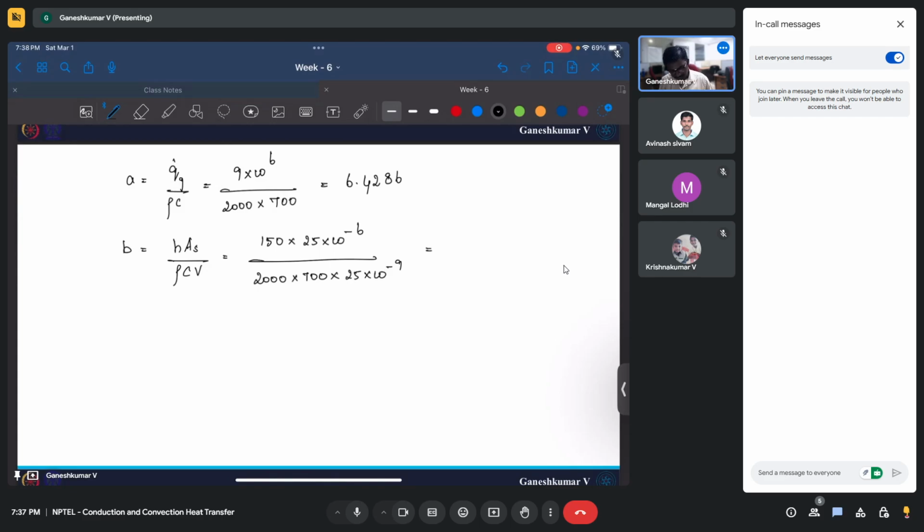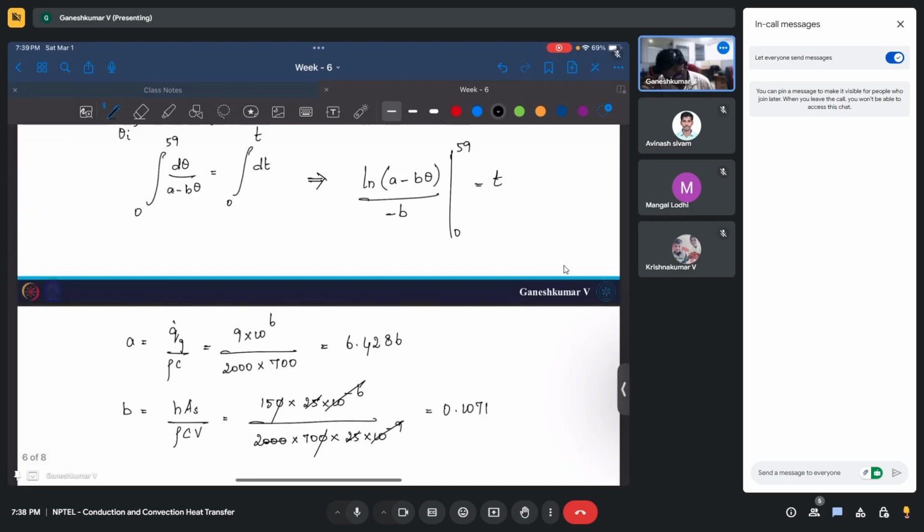So you can cancel these, and this and this, and it becomes 15 by 140, which should be 0.1071. This is your A and B.